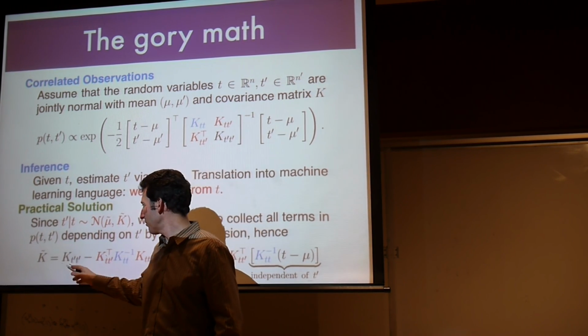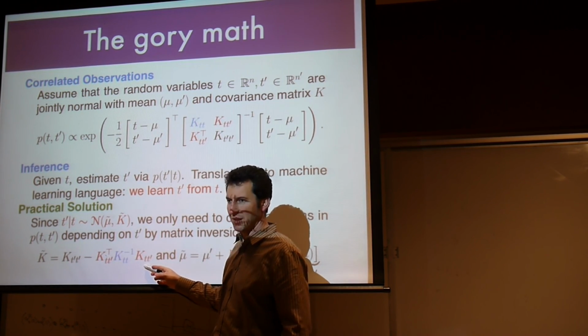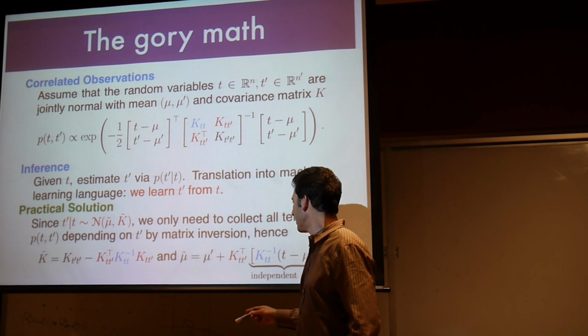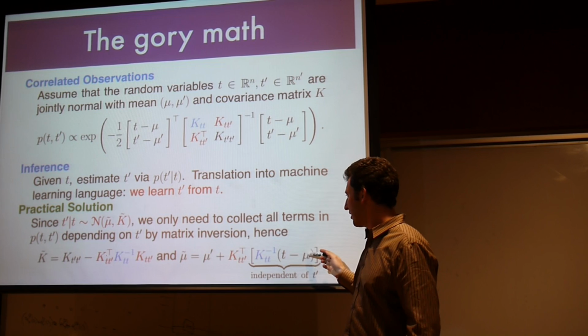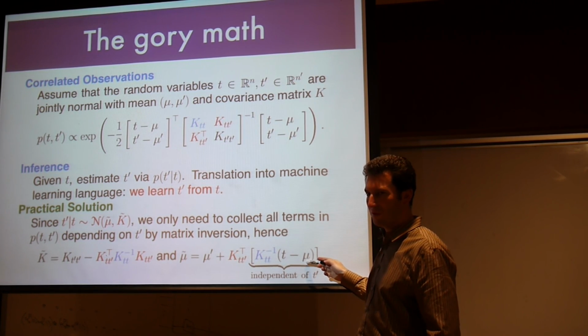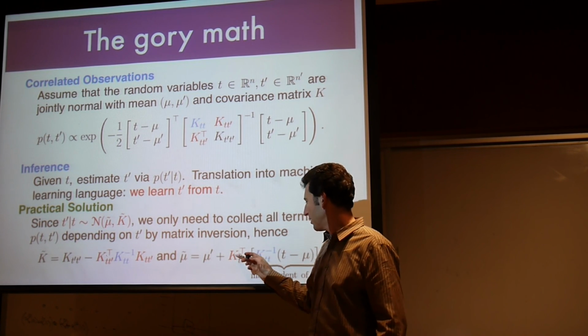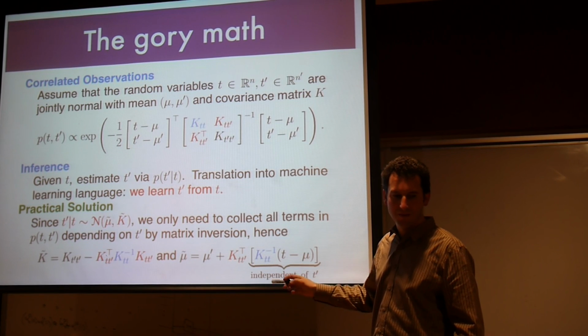This was the original covariance, and now it's reduced by how much the t's and t primes are correlated and how noisy the t's are. And the mean is slightly shifted, in accordance with how much t deviates from its expected value mu, how strongly correlated t and t prime are, and how noisy t is in its own right.